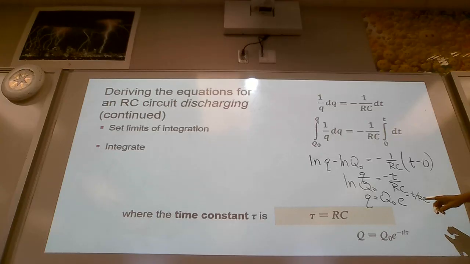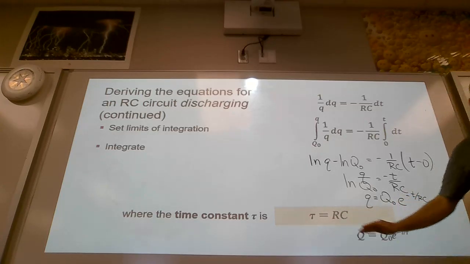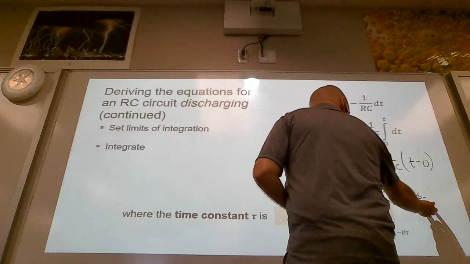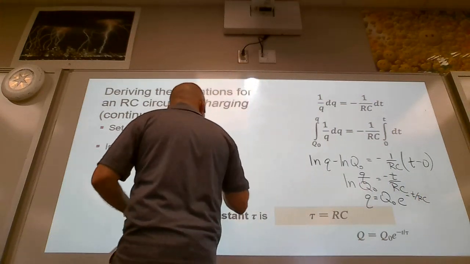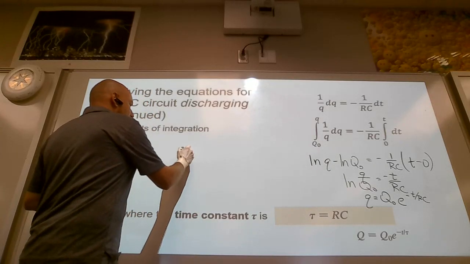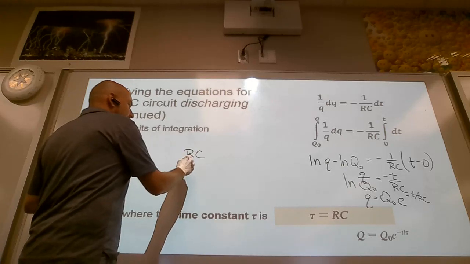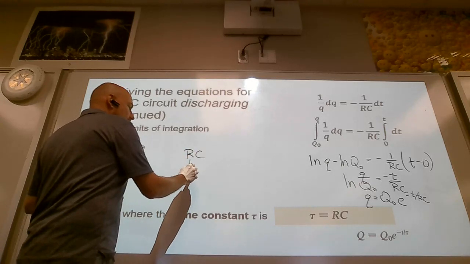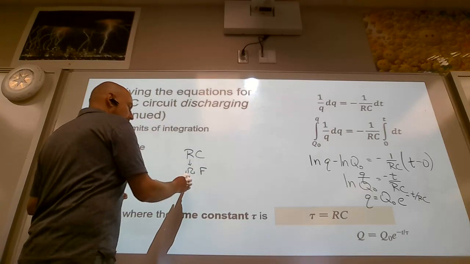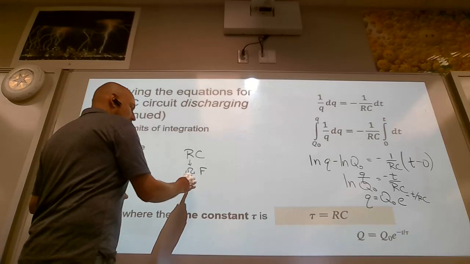So, often we're going to condense R and C together as a time constant. So RC, the units on that are kind of funny. You have ohms times farads. An ohm is volt over amp.